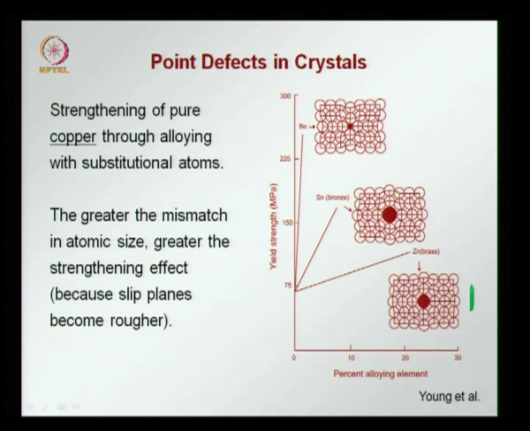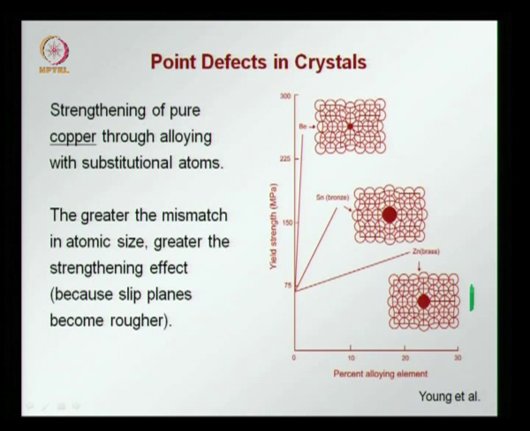So there is some distortion of the lattice, not much distortion, and we find that as we increase the percentage of zinc in copper giving brass, the yield strength increases.